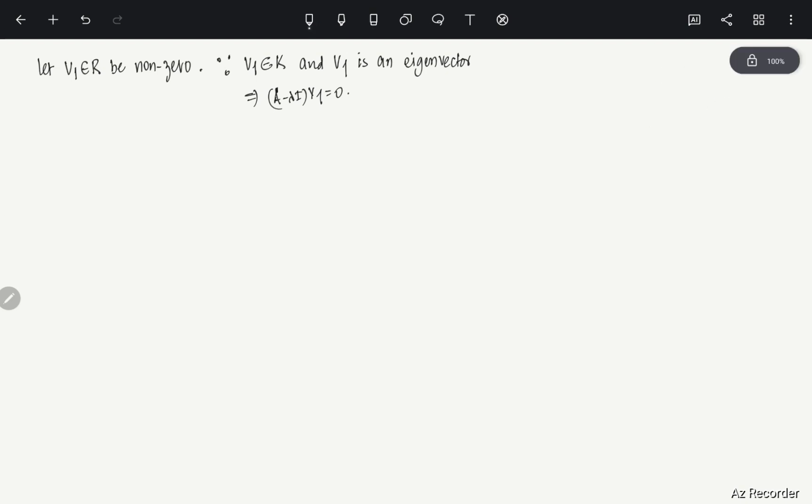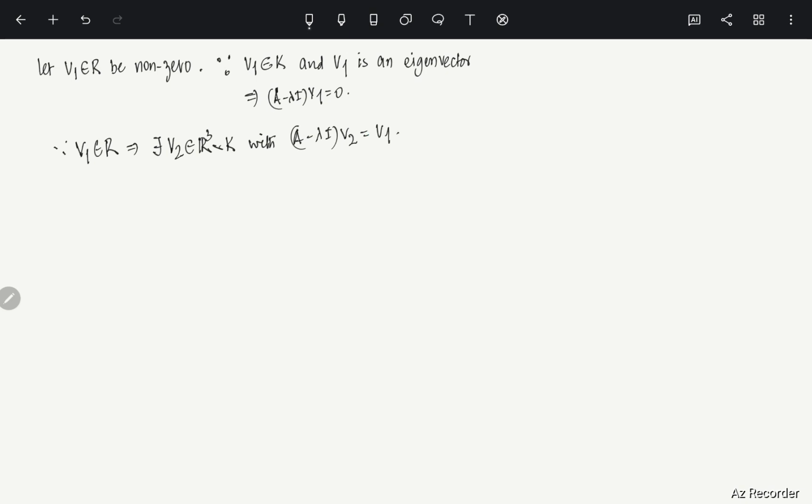Now, since V1 is also in R, that's our assumption, that will imply there exists a V2 in R3 minus K with A minus lambda I times V2 is V1.